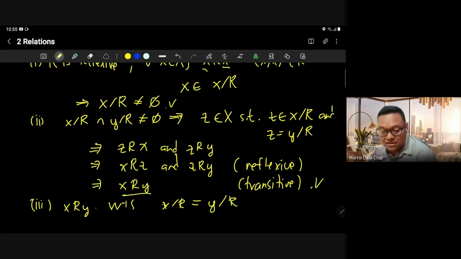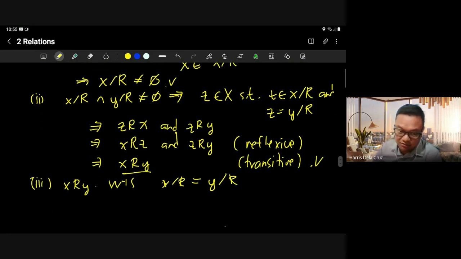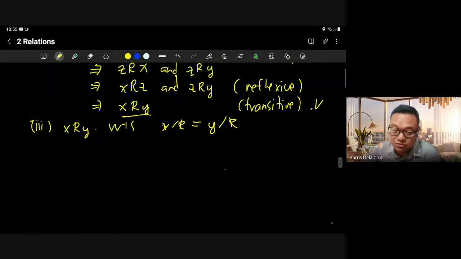So as an equivalence class or as a set, dapat pareho sila. Okay? So this is a basic application of set equality. Paano ba natin pinapakita na ang dalawang set ay equal? So all we need to do is to show that every element of the first set is an element of the second set.